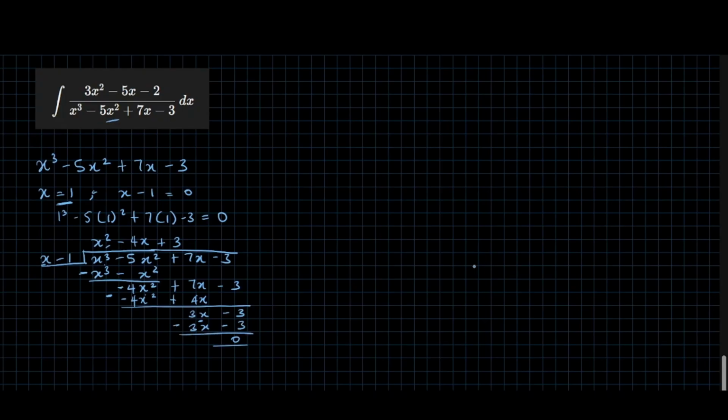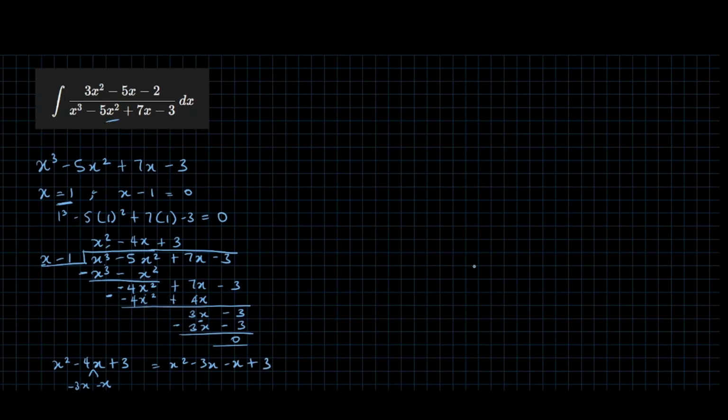So this is the next factor, x squared minus 4x plus 3. So we just need to factorize this. This can be split into minus 3x and minus x. This will be x squared minus 3x minus x plus 3.